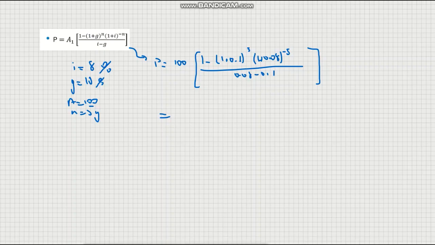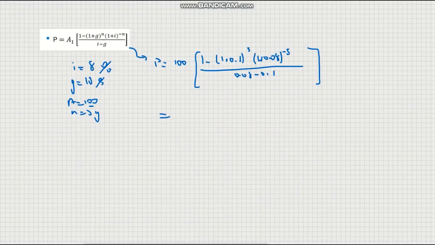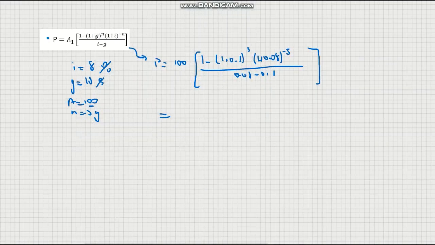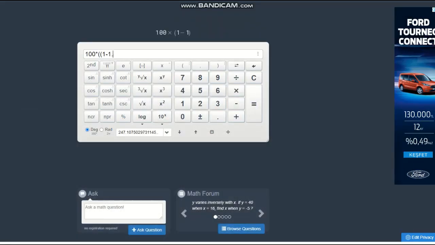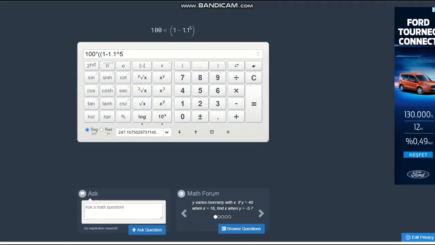It's going to be 100 multiplied by, let's take this parenthesis, 1 minus 1.1 to the power of 5, multiplied by 1.08 to the power of minus 5.